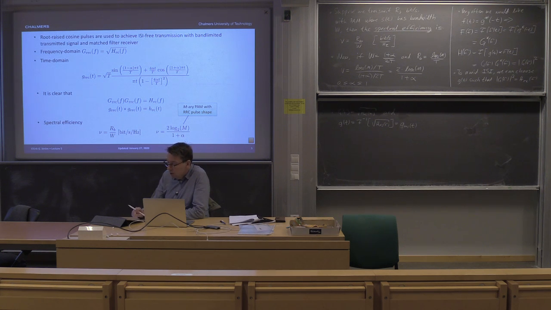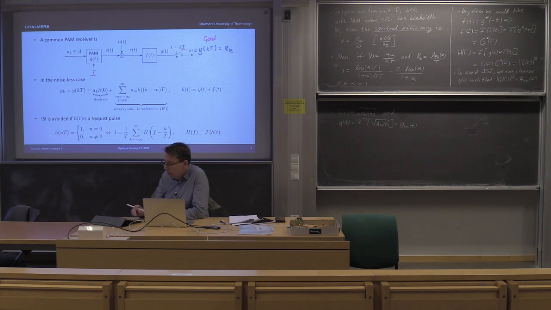Okay, so what we've done now is that we have designed G and F such that we don't have any intersymbol interference. We can get rid of the intersymbol interference if we pick G as being a root raised cosine pulse.